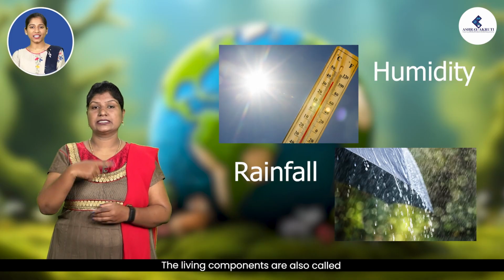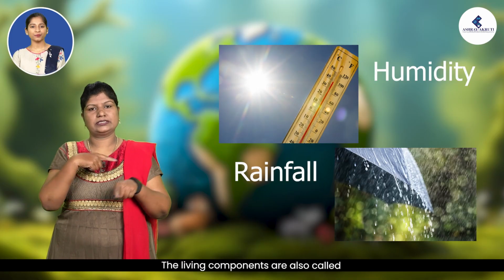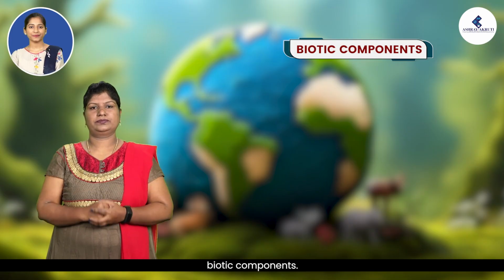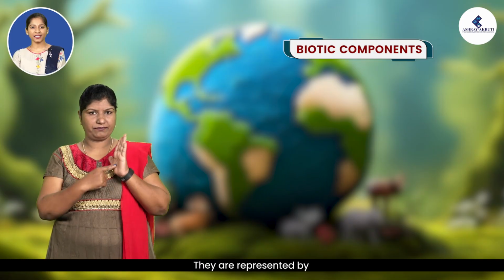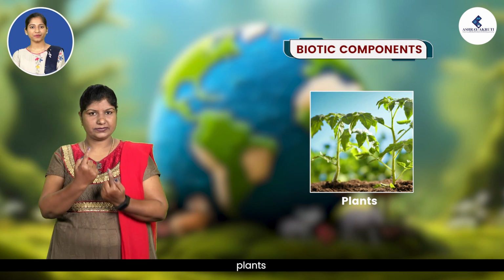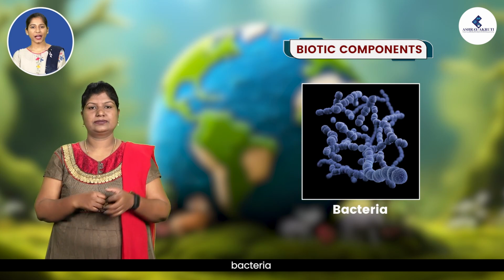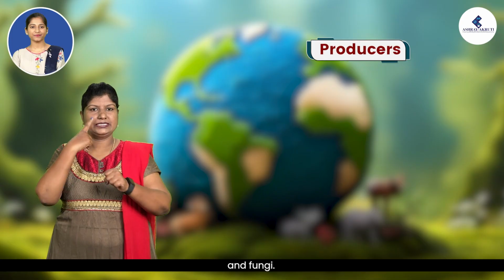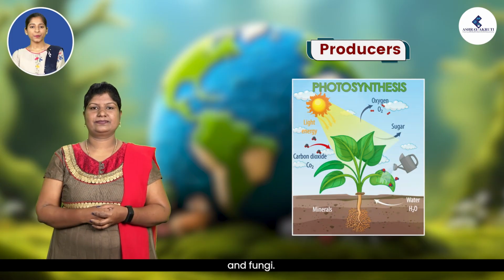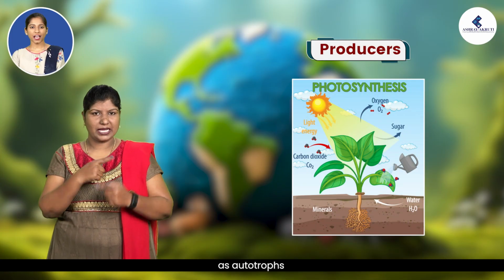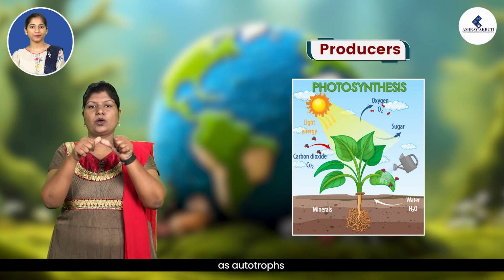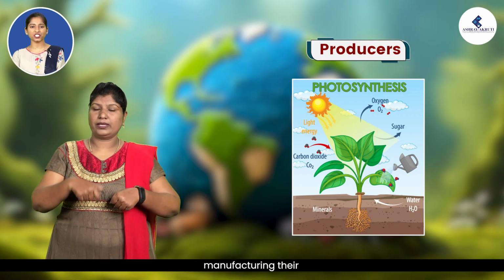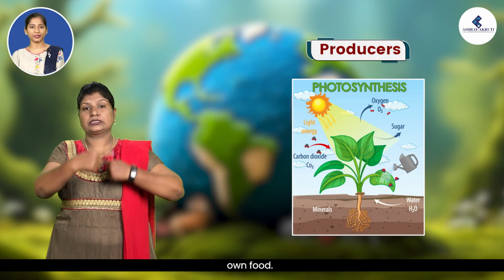The living components are also called biotic components. They are represented by plants, animals, bacteria, and fungi. Plants are described as autotrophs since they are capable of manufacturing their own food.